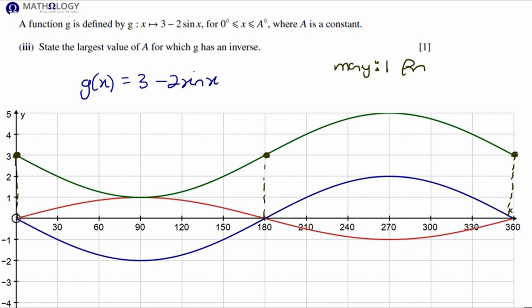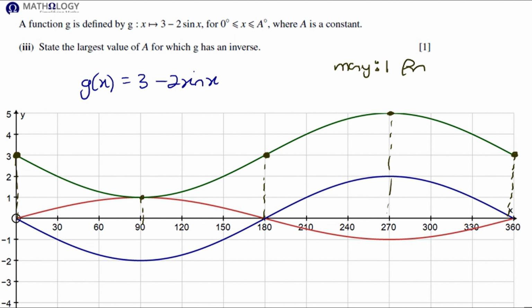If we look at the turning point of the function, the function becomes many-to-one beyond the turning point. So the function will start at (0, 3) and move through 360 degrees, and as it does, at 90 it turns, and it turns again at 270.